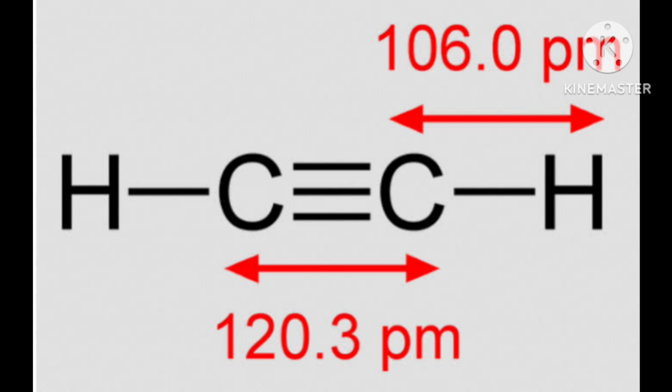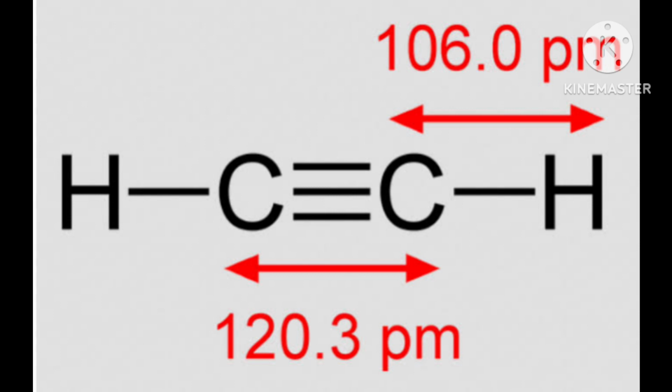Ozonolysis of alkene involves the addition of ozone molecule. Addition of ozone molecule O3 to alkene means ozone will react with alkene and it will form ozonide, O-Z-O-N-I-D-E, ozonide.